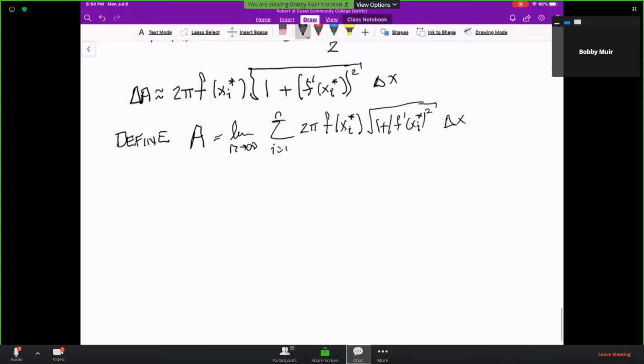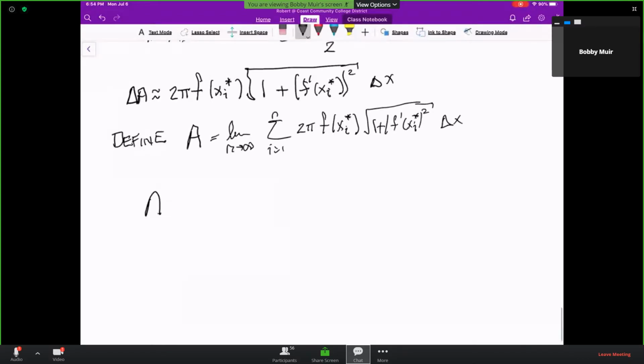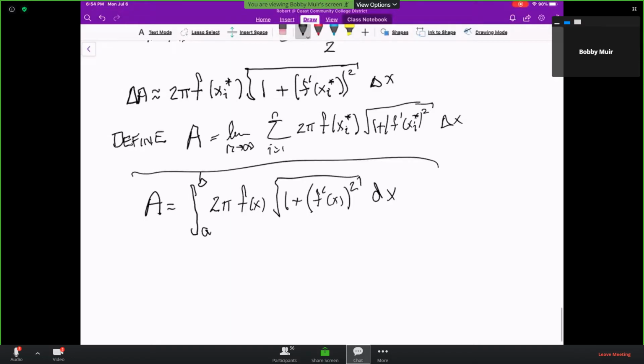And we all recognize that this is the Riemann sum of the following integral: the integral from a to b of 2 pi f of x times the square root of 1 plus f prime of x squared dx. And this goes in a box and have a parade for it.